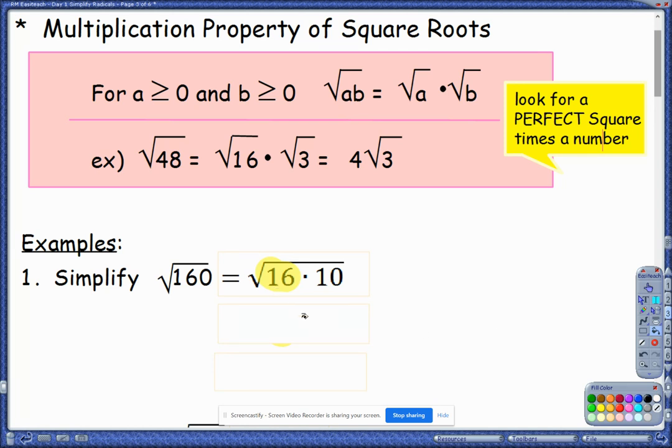So we're going to separate the two, and once you've separated it, you know that radical 16 is going to be 4. So it'll be 4 times radical 10. Now 10 cannot be simplified any further because the factors of 10 are just 2 and 5, and neither one of them are perfect squares.